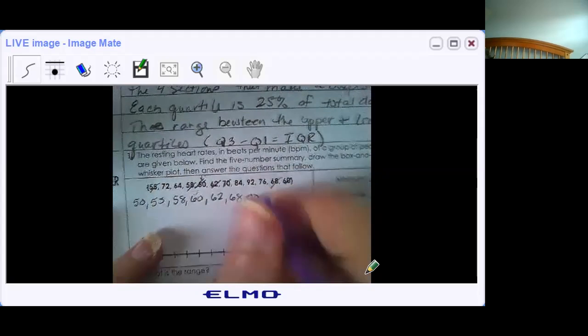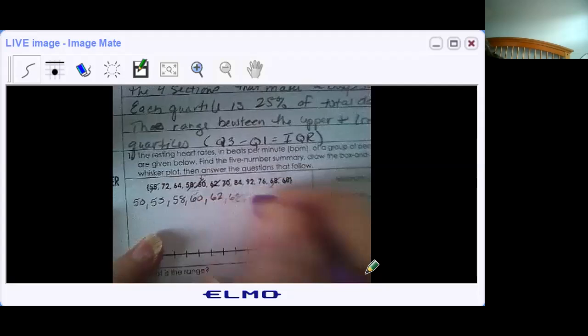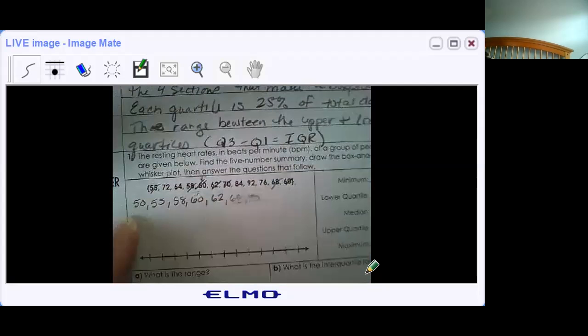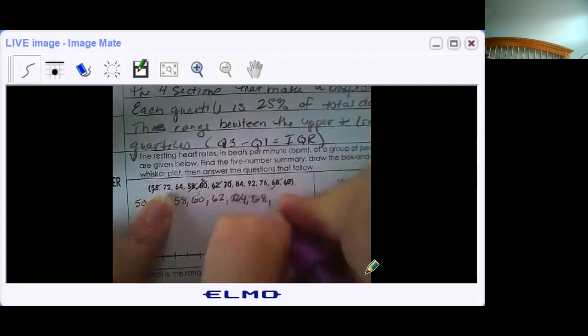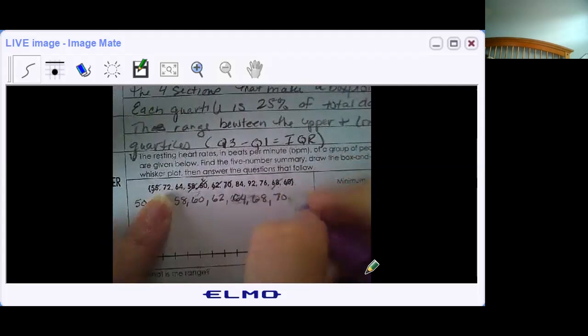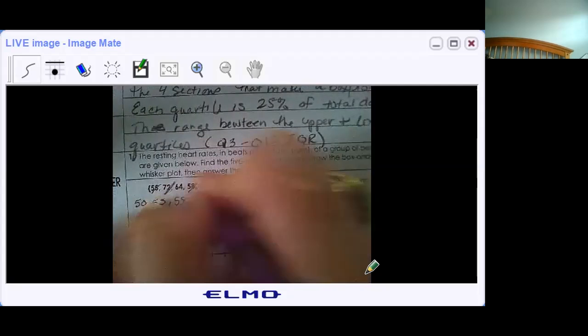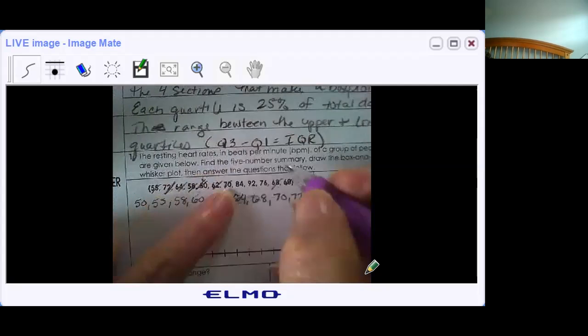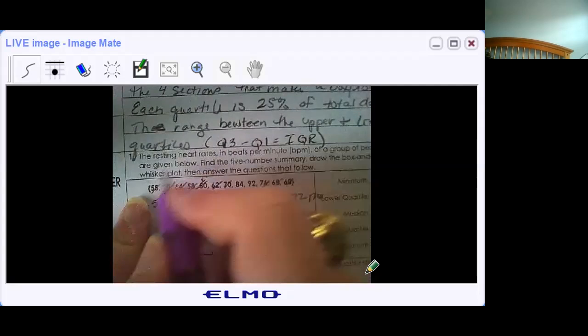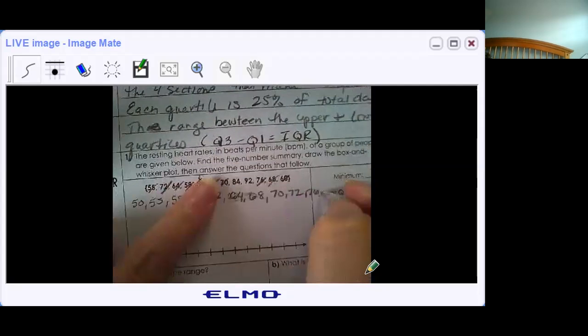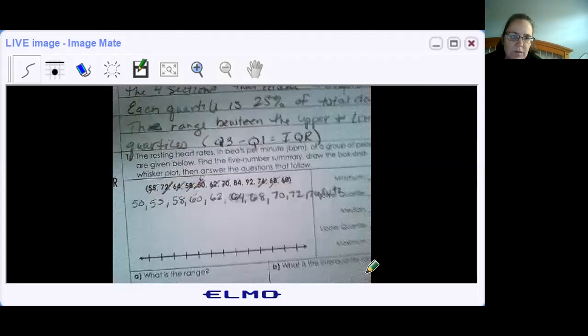Let's back up. I forgot 64. I got to go back and find 64, put it in. So I've got 64, and then 68, and then 70, and then 72, and then 76, and then 84 and 92. That's a lot of numbers. I almost ran out of room here.